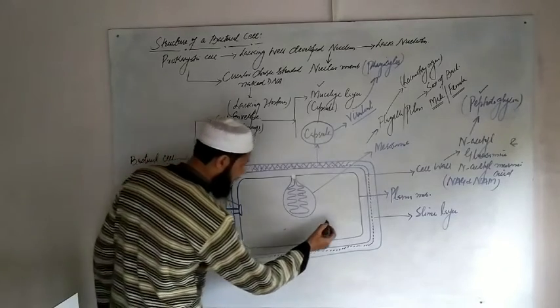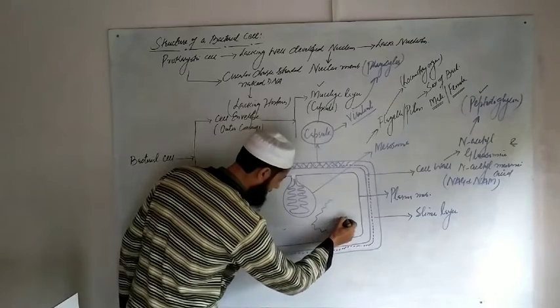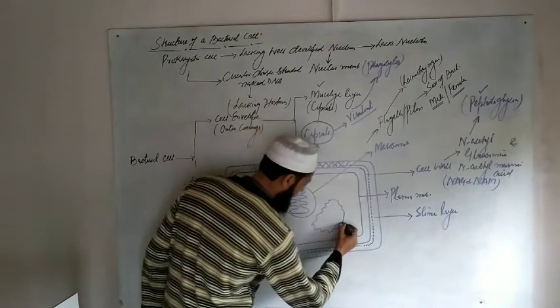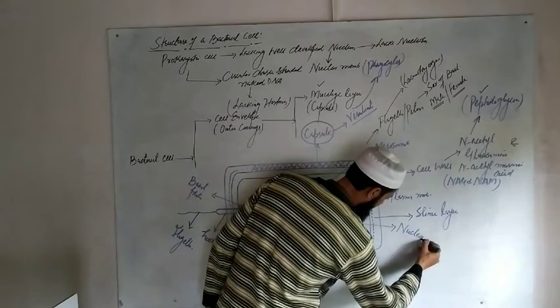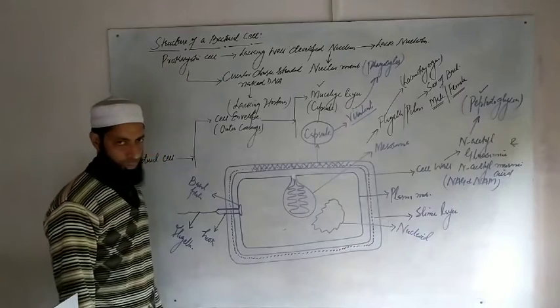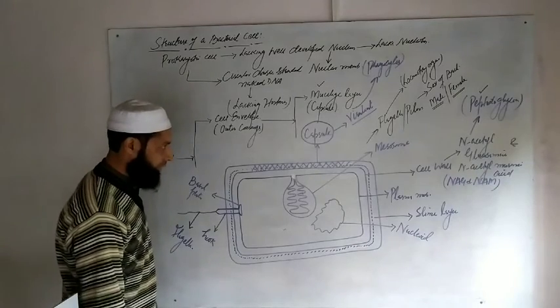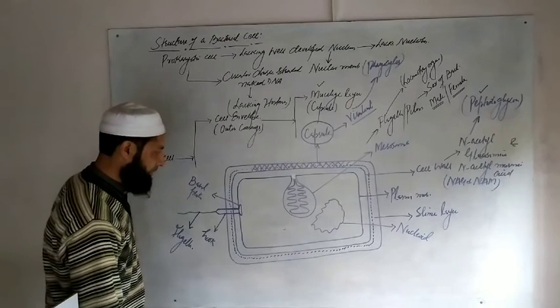And in the center of the cell, you have DNA in the form of nucleoid or naked DNA, without nuclear membrane, without histone proteins. That's why some people also call it an incipient nucleus.